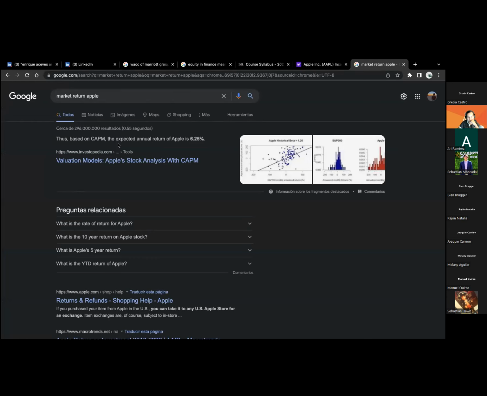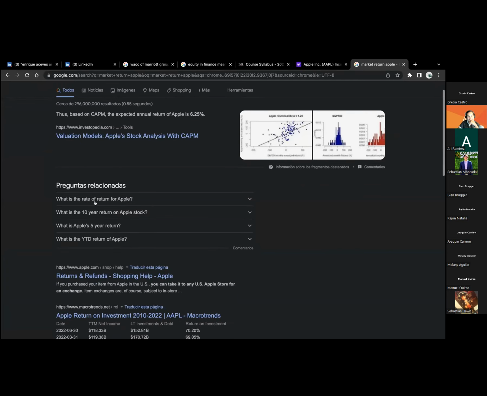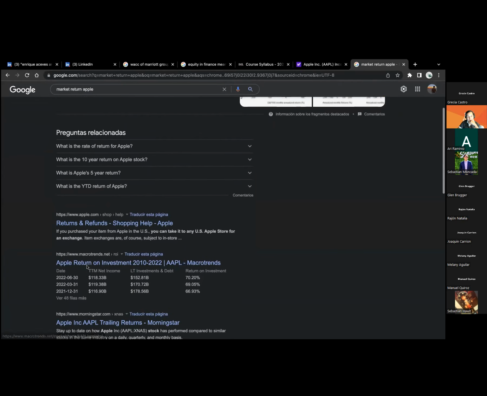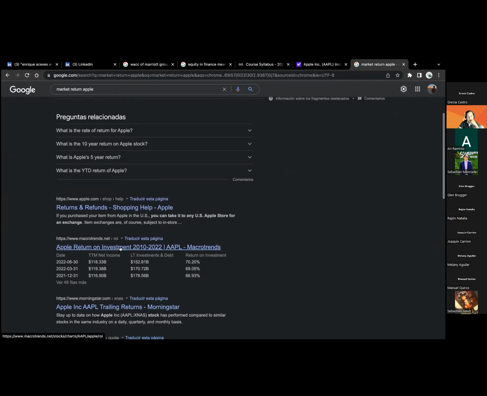So the CAPM is the market return. The market return, it's from Apple. Glenn, hear me out. Is market returns a thing of Apple?